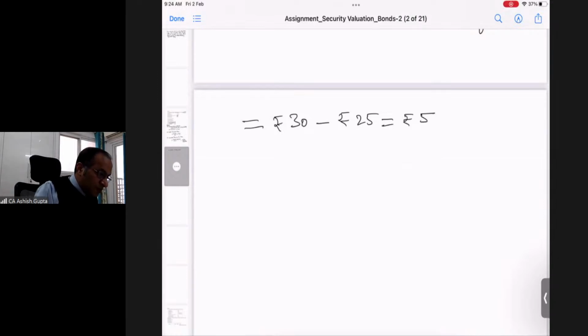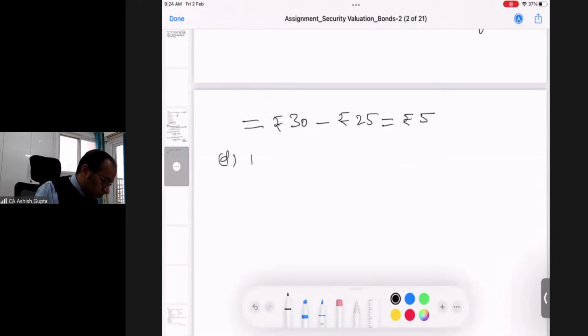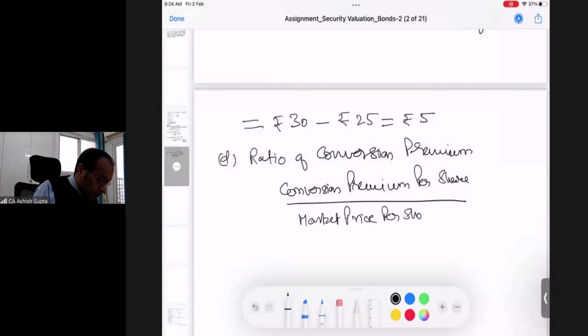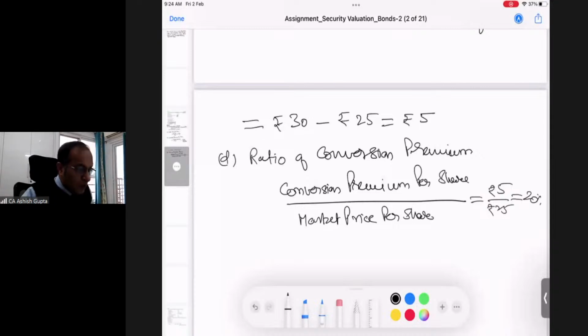Now next comes the ratio of conversion premium. Simply as the name says, it will come 20.